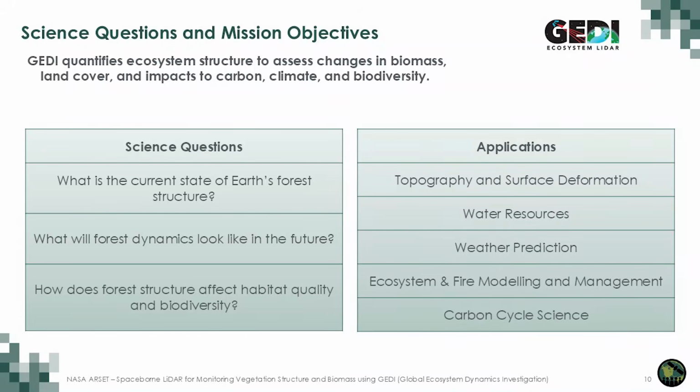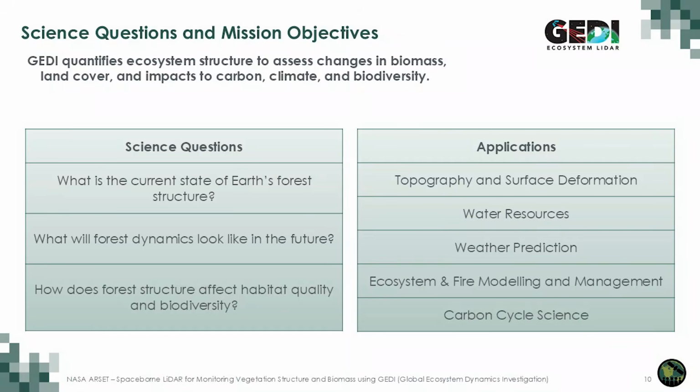So the purpose of this mission is to assess the current state of Earth's forest structure. From these measurements, models can be tested to observe how forest dynamics have changed historically and predict how they may change over time. From each GEDI sample or observation, we gain a better understanding of how ecosystems are structured dynamically.